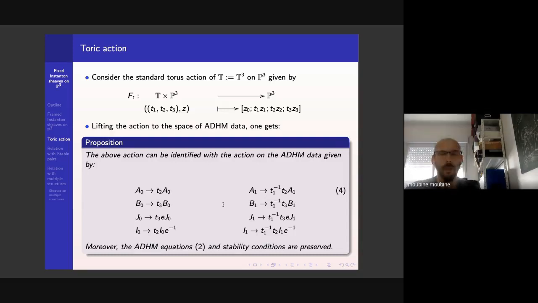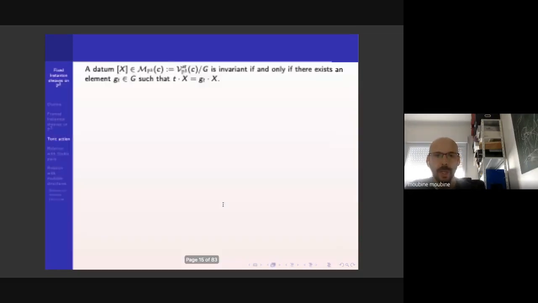So what we can get from this toric action on the ADHM data is the following.